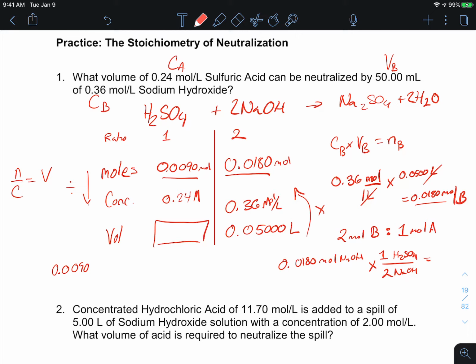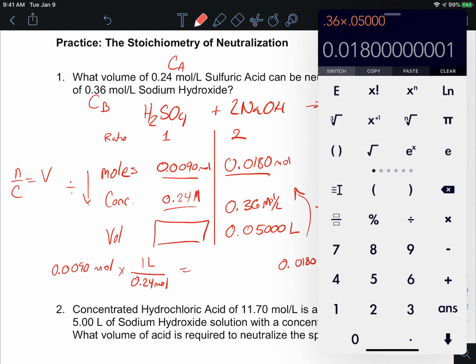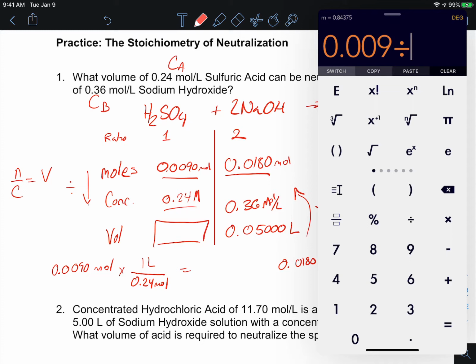So I'm going to take my 0.0090, probably have a whole bunch more significant figures than that, but that's okay, moles, and I'm going to multiply that by 1 liter divided by 0.24 moles, which is another way of representing this concentration. So that is going to end up becoming a division divided by 0.24.